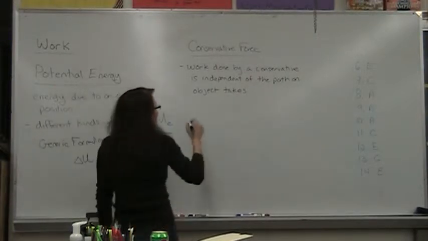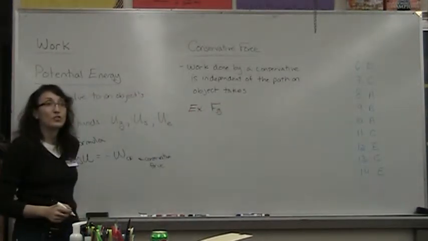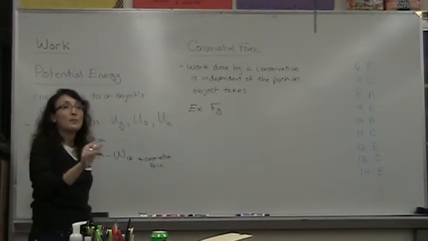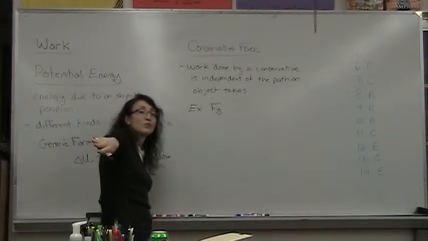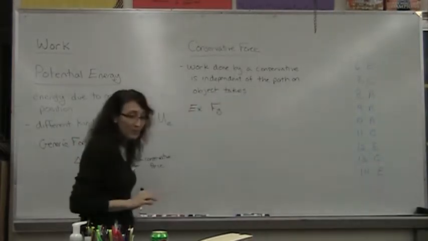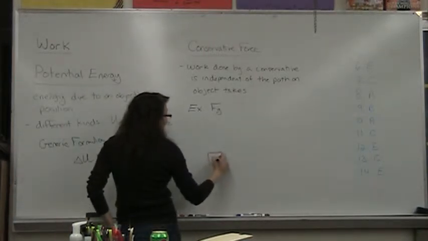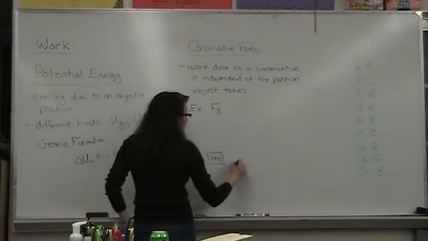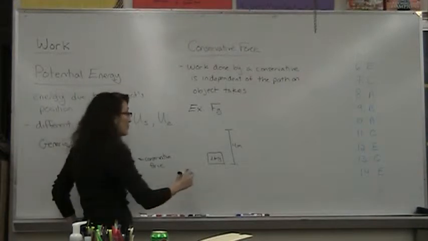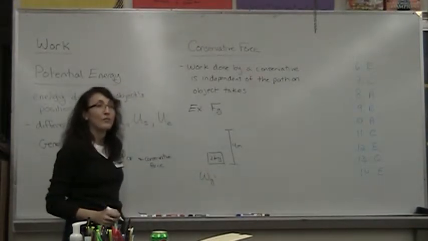So let's try a little example to see what I'm talking about. And we'll look at Fg and see that this is a conservative force. We've got 5 people here, so the 3 people on this side of the room are going to do one of my calculations, 2 on that side are going to do another calculation. We're going to say we have a 2 kilogram mass, and we want to lift this mass 4 meters high. I want you to figure out the work done by gravity in that case.